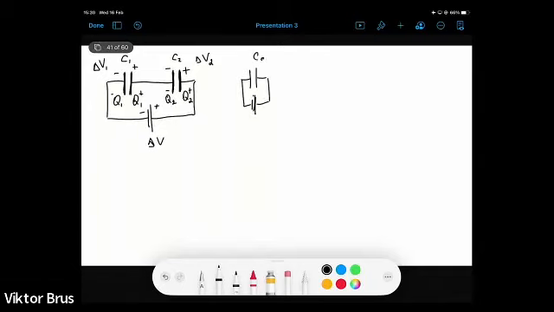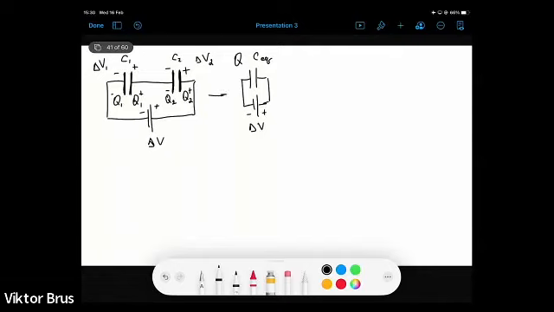So it's C equivalent here, with the same potential difference, minus plus. And here will be Q also, the total charge accumulated by this equivalent capacitor.